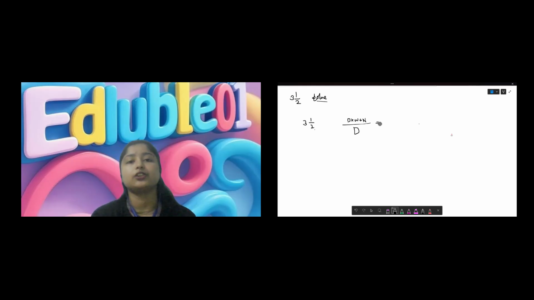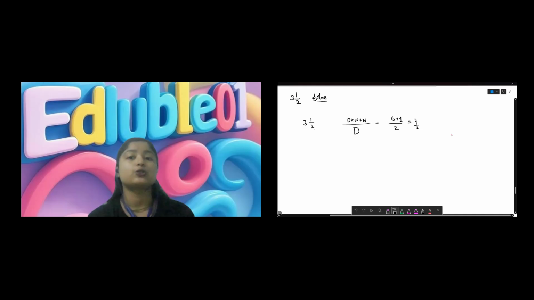The denominator will stay constant, so in this case the denominator is 2. Now, denominator times whole number: the whole number is 3 and the denominator is 2, so that makes it 6, plus the numerator 1. That's going to give you 7. So your improper fraction is 7 over 2.